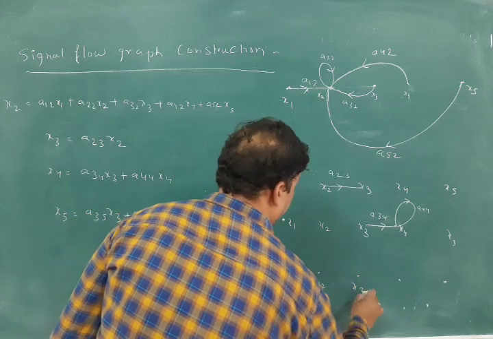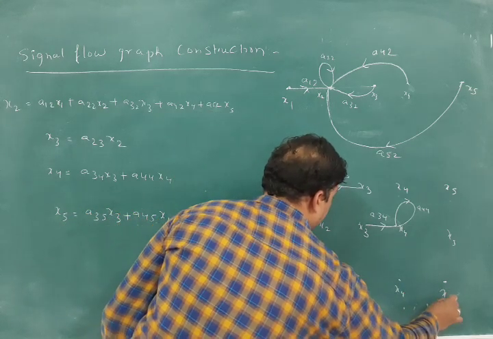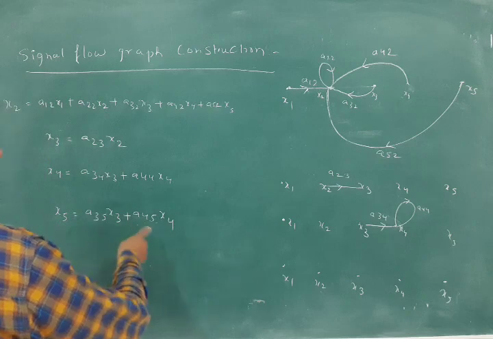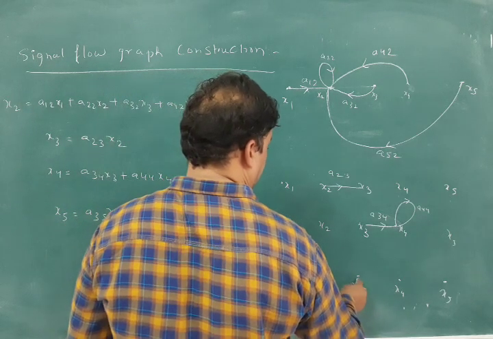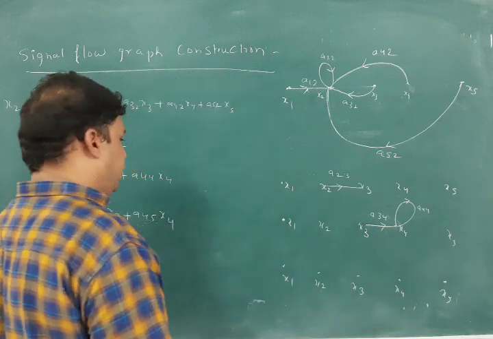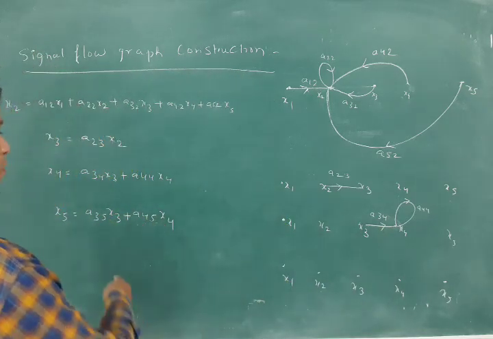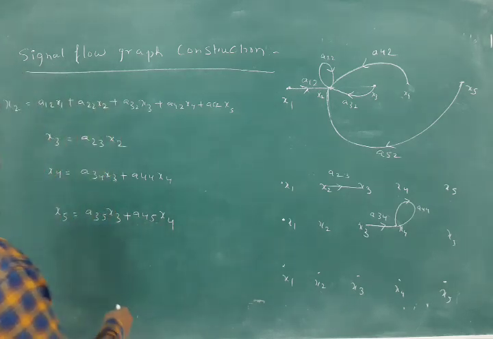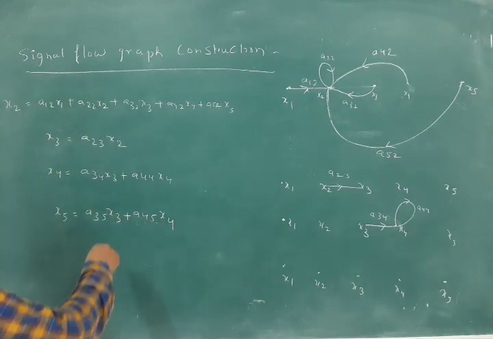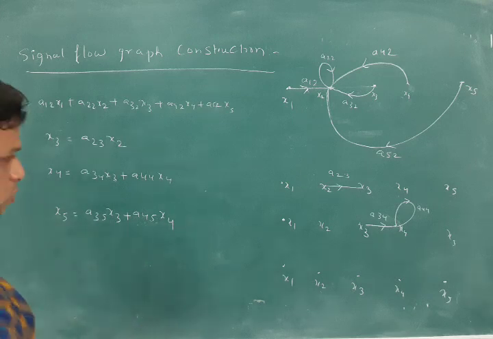Given some variables are there, and these variables we will be writing here. So how will we write A35 X3? A35. 35 means from 3 to 5 it is there, and A45. So we see here A35 X3 and A45 X4 both are in the forward direction only. So we will write the equation for it.